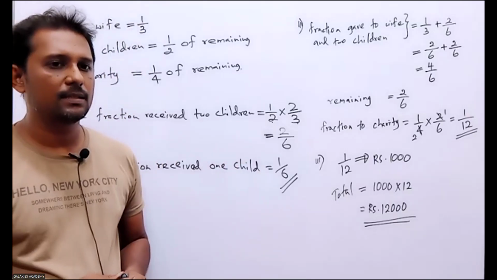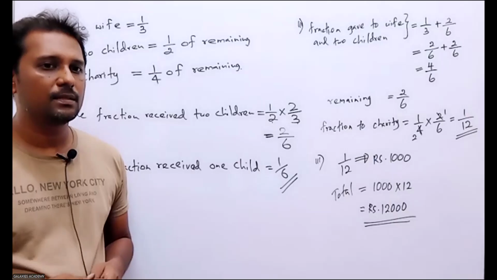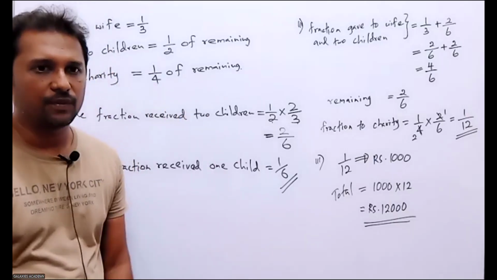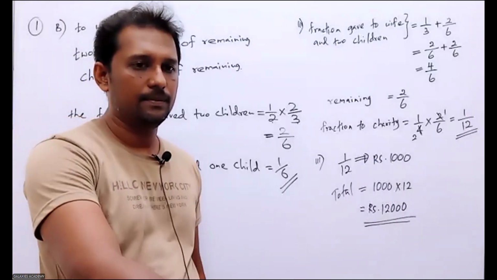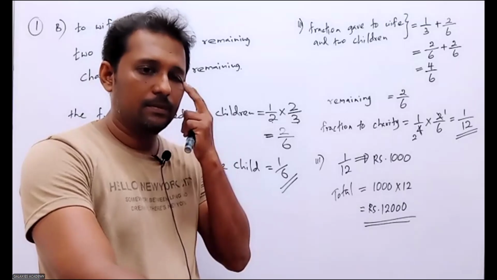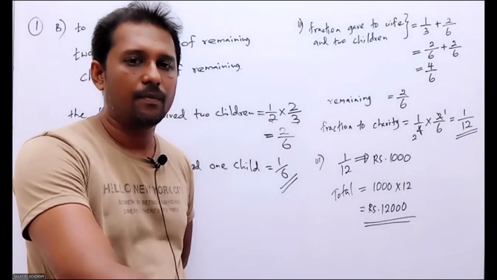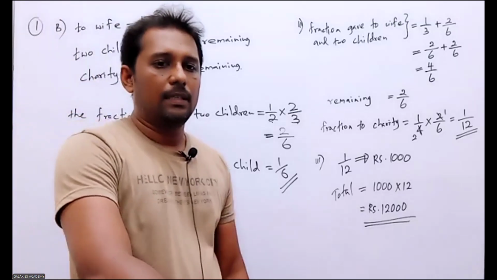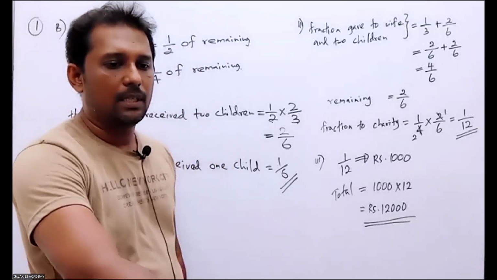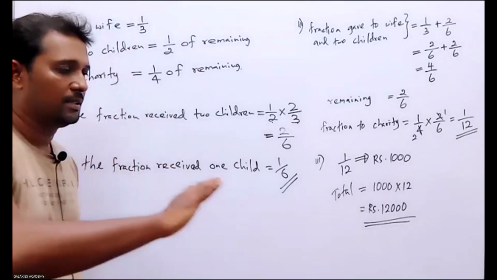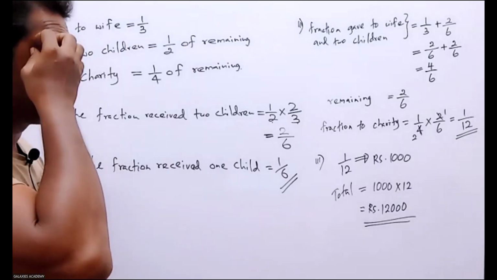Then revise the knowledge of how you can do questions like these from the fractions lesson. Then let's go to another question. Those are the answers for the second part, first question.